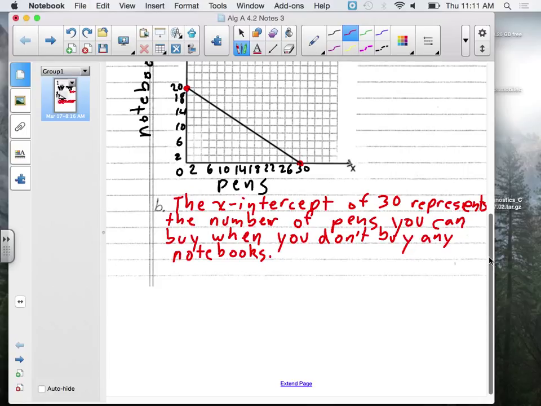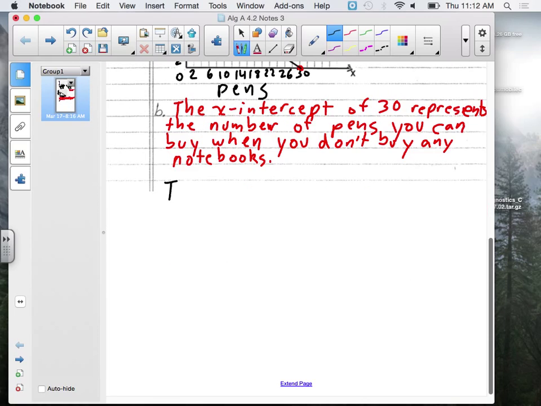Alright, so if that's our x-intercept, the number of pens we can buy when we don't buy any notebooks, what would our y-intercept represent then? 20. Okay, so say that in a sentence, like we just wrote on our notes. It represents the number of notebooks you can have. Exactly.